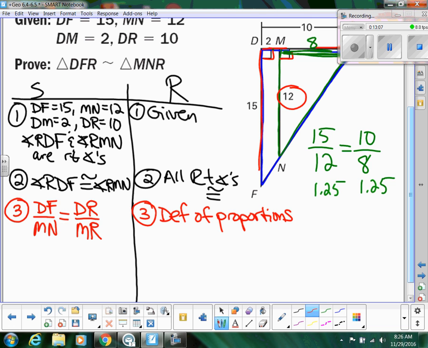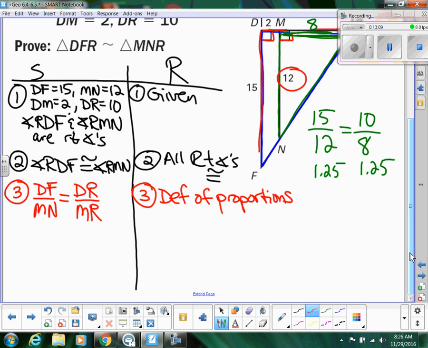Okay, because we did the math, or you could do the math right there. And then from there we can say triangle DFR is similar to triangle MNR.